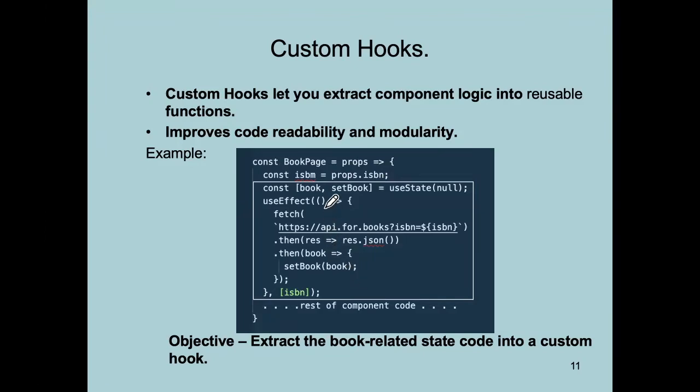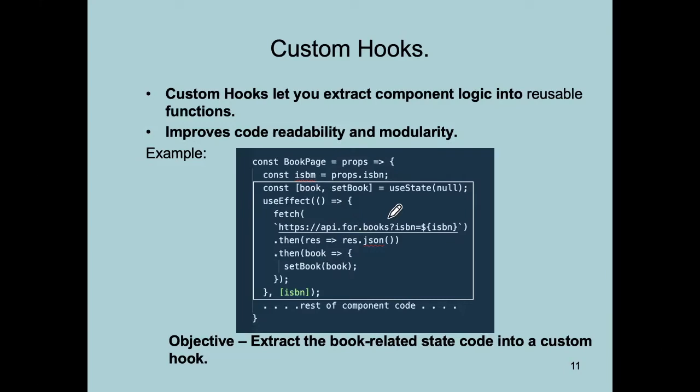Now, supposing there were other pages in our app that required this kind of logic as well. We don't like repeating code. So can we extract that code out of that component and put it into its own location? And the answer is yes.